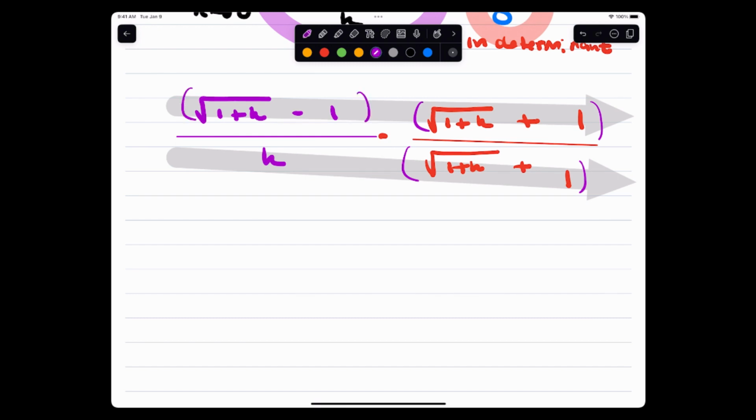Well, radicals go away. By the first term, you get 1 plus h. The O and I terms go away, and the last term is there. Ladies and gentlemen, this is the nice effect of multiplying by conjugates.